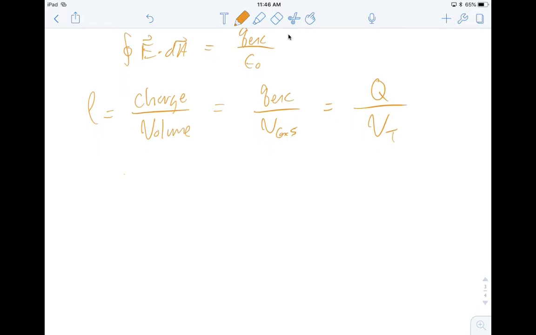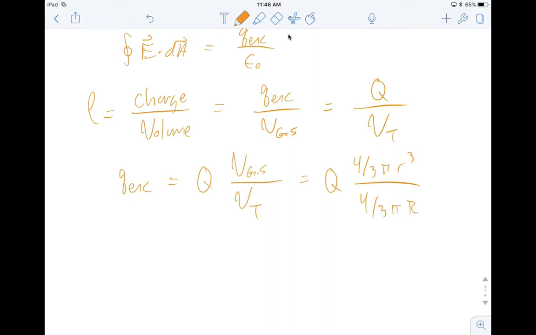Solving for Q enclosed, we have Q times the volume of the Gaussian sphere divided by the total volume of the charged sphere. Volume of the sphere is 4/3 pi, in this case little r cubed, divided by 4/3 pi big R cubed on the bottom.